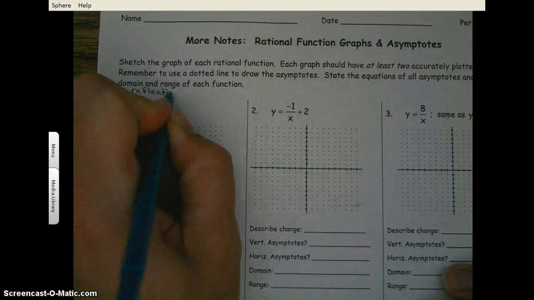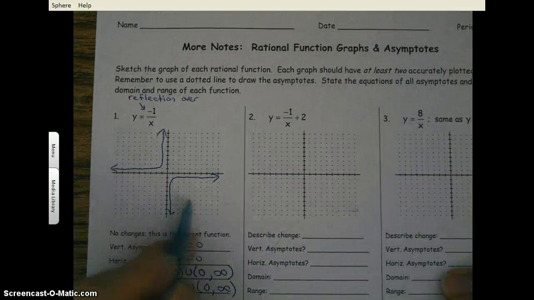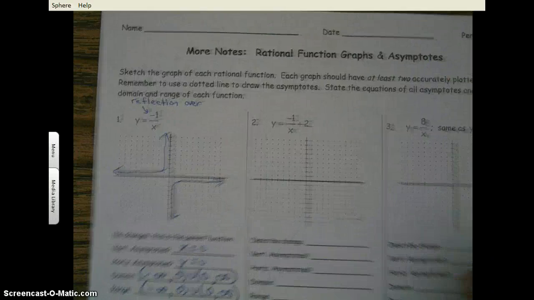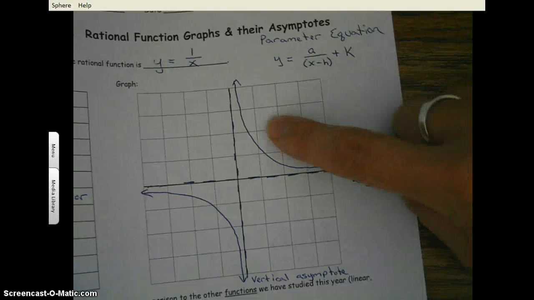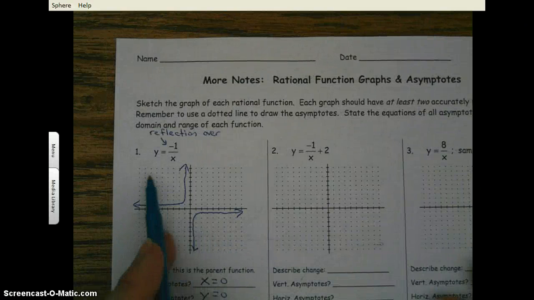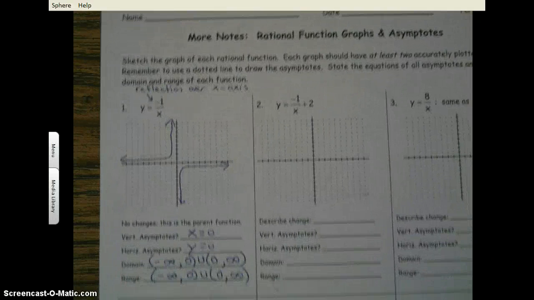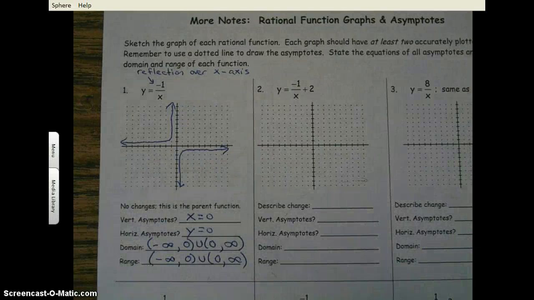It's a reflection over which axis? If you don't know, turn it over, look at the parent. Notice it was in the first quadrant and the third quadrant. Now it's in the fourth and the second. So it went over the x-axis. Otherwise everything else is the same. I did not put my asymptotes in or plot the 2 accurate points, but I expect you to do that.